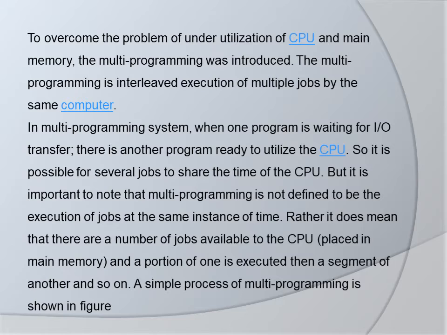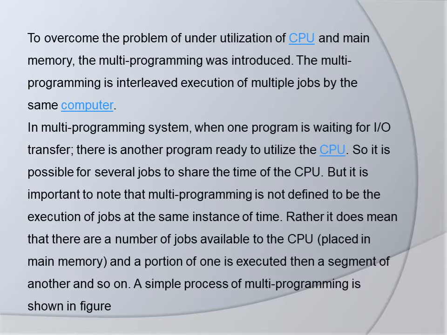In a multiprogramming system, when one program is waiting for input-output transfer, there is another program ready to utilize the CPU. Suppose one program is waiting for input and output, then the next program, which is ready with all the resources, can undergo execution by the CPU.